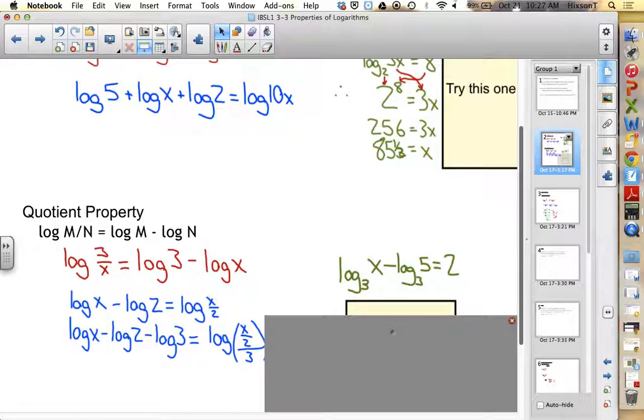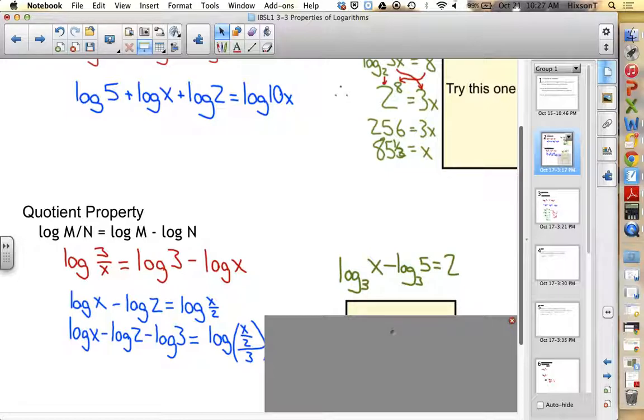Now, how would I simplify that? I don't want you leaving complex fractions like that. Order of operations says we have to do x divided by 2 first, then divided by 3.